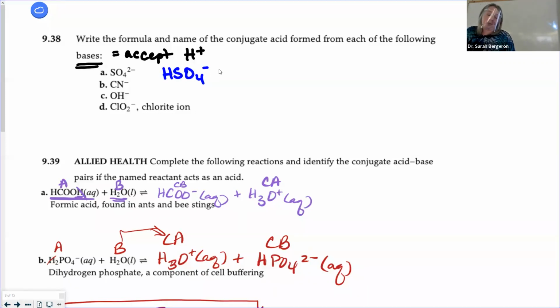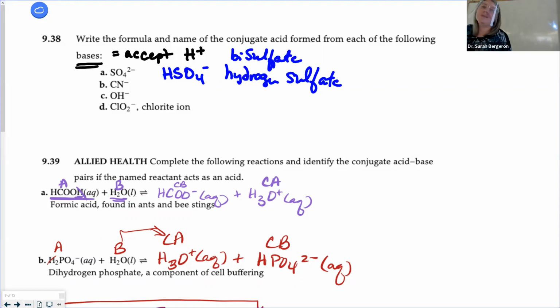What is HSO4-? Hydrogen sulfate, right? There was another name, bisulfate, right? So we say this is the hydrogen sulfate ion, so we know that it's a polyatomic ion. If I were to pick up one more hydrogen, I would end up being H2SO4 and I would have no charge. Is it charged?